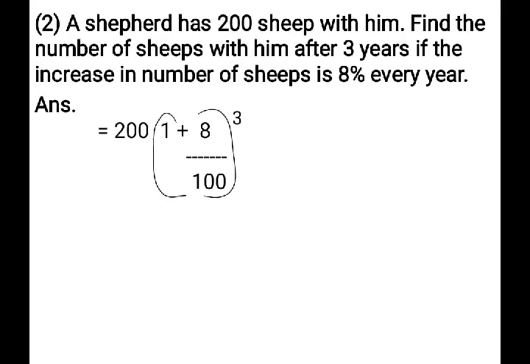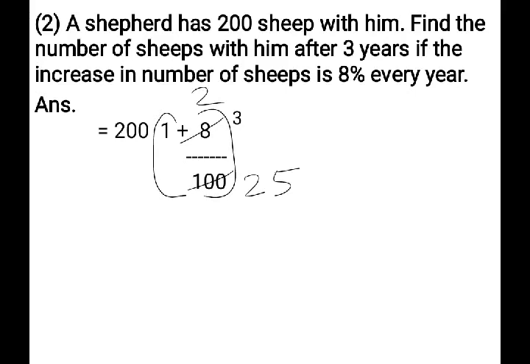Next step, you have to do the cancellation now in the bracket on numerator 8 and denominator 100. The table which is going in both, that number you have to use for cancellation. 4 twos are 8, 4 twenty-fives are 100.